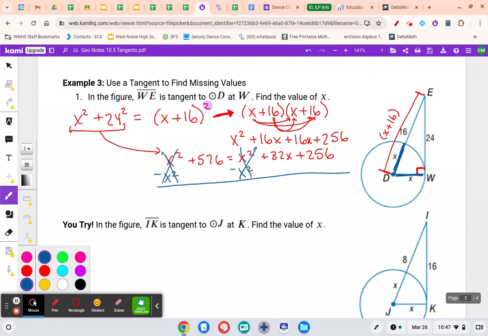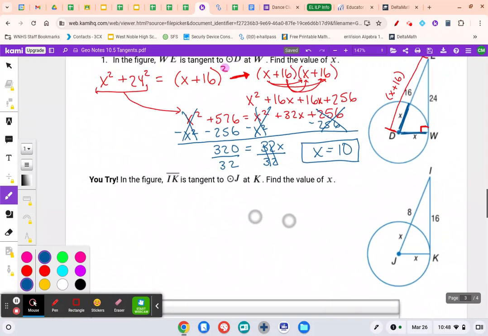So we don't end up having to do anything super crazy past this point, but you do have to be able to recall that algebra. You have to be able to do that on your next U-try as well. Okay, we divide by 32. x is just a really nice 10. So the radius of that circle is 10.